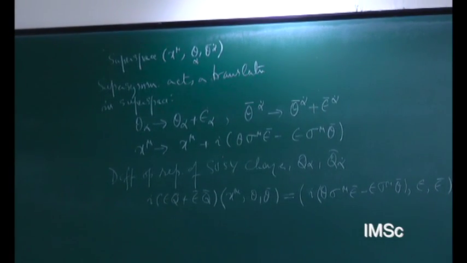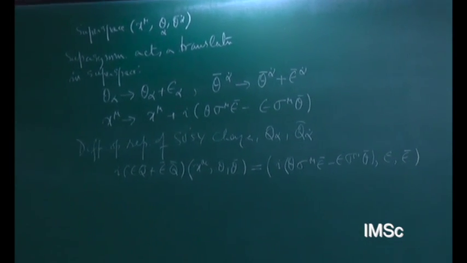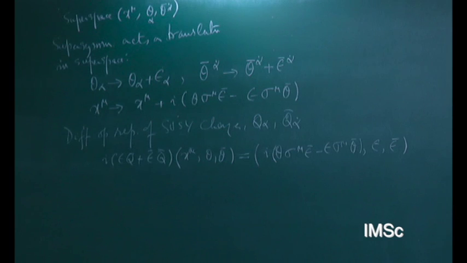So in general the fields would be a function of all those coordinates, and the Susy would be just a translation symmetry over there.